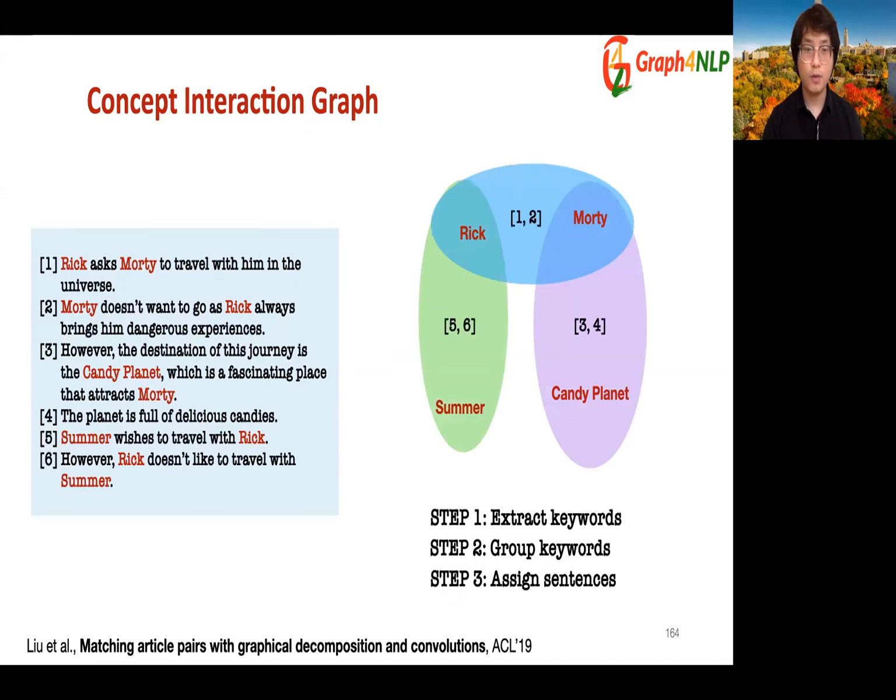Then we can divide the sentences in a document into multiple parts by calculating the similarity between each sentence and each concept node. We select the one with the maximum similarity to assign it. So if we have a pair of documents, for each concept node, we can have 2 lists of sentences, one list from document A and one list from document B. Then we can construct the edges.